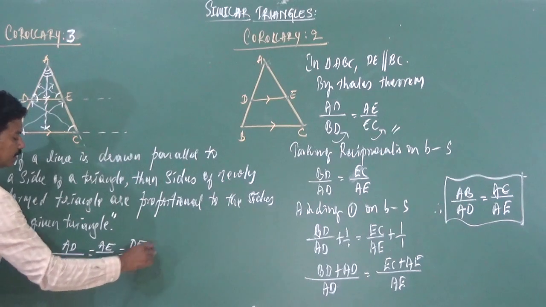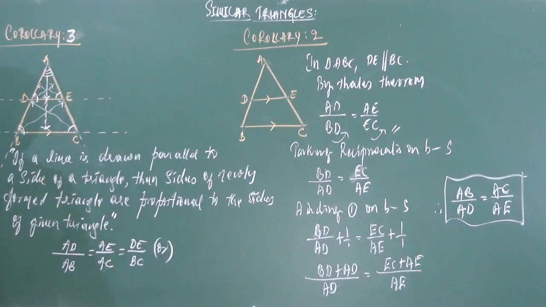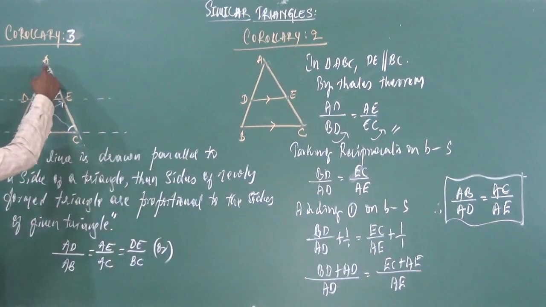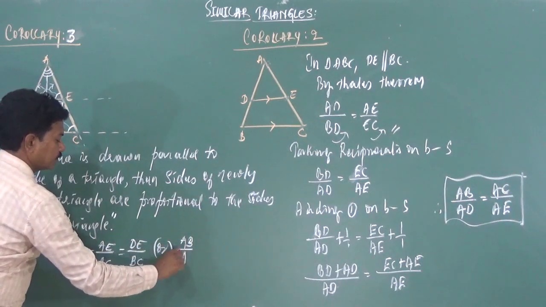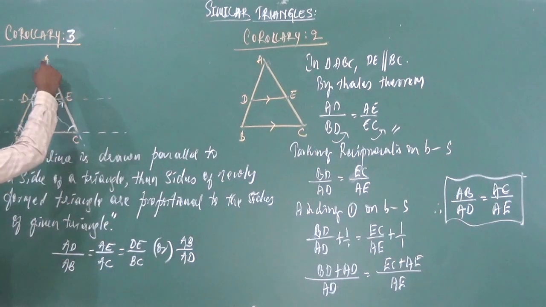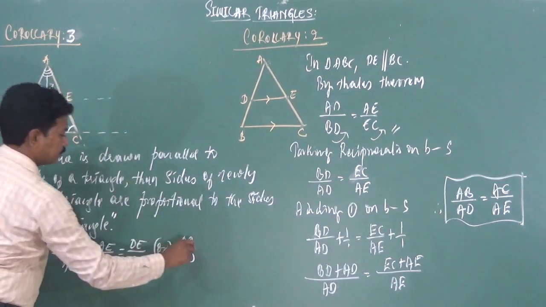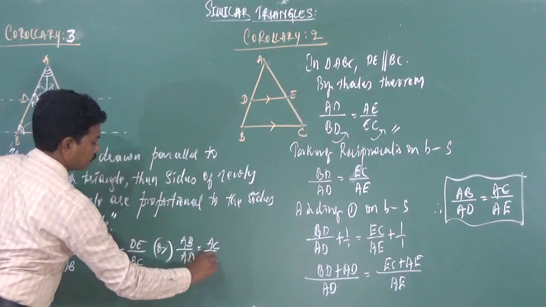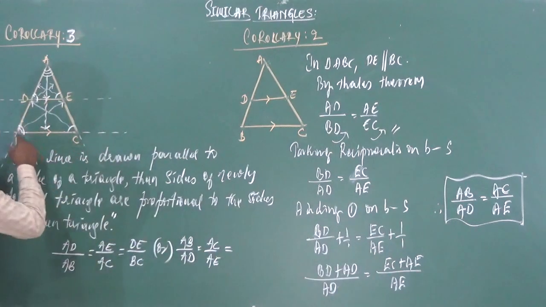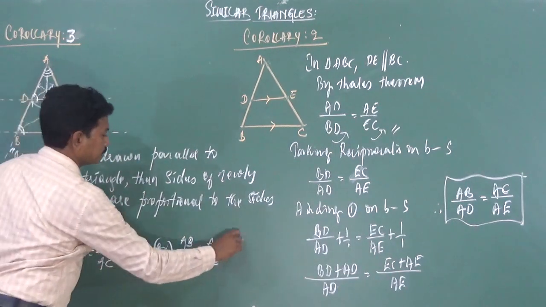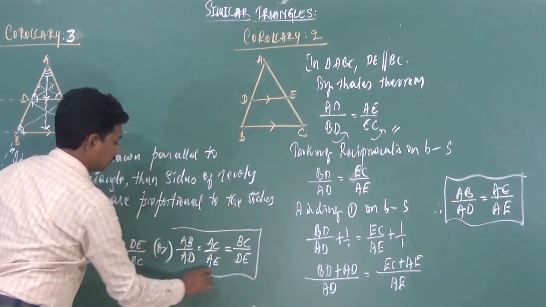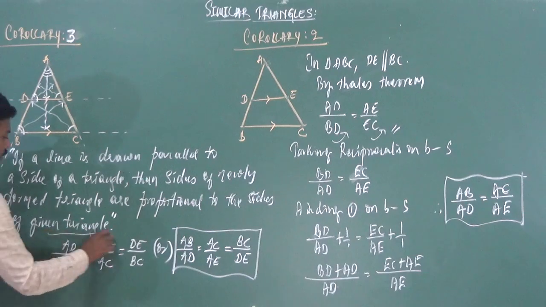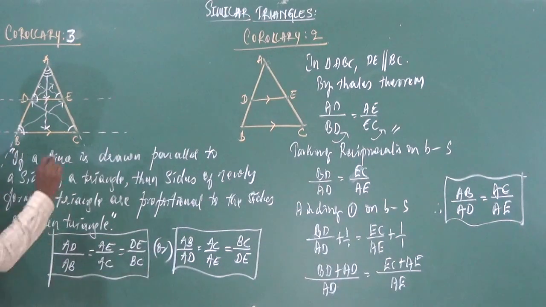Or this can also be written in reverse: AB by AD is equal to AC by AE is equal to BC by DE. So this is the important result you have to remember.